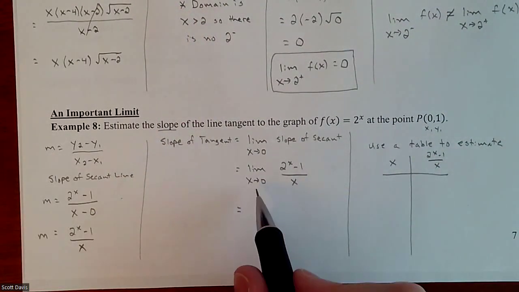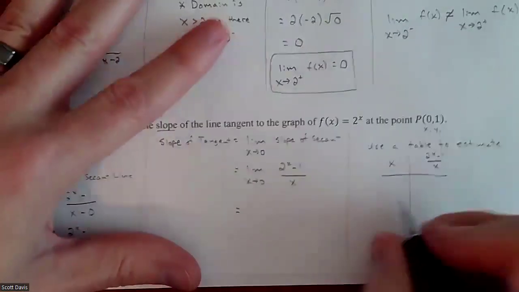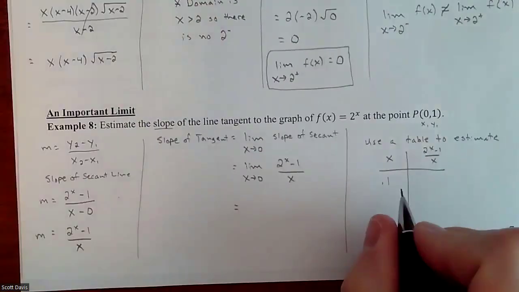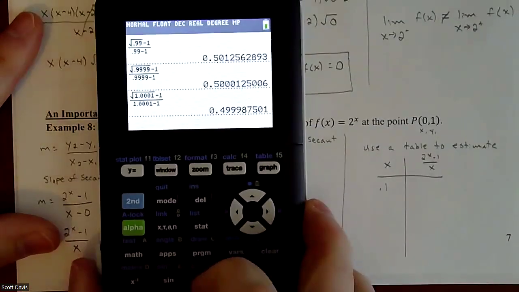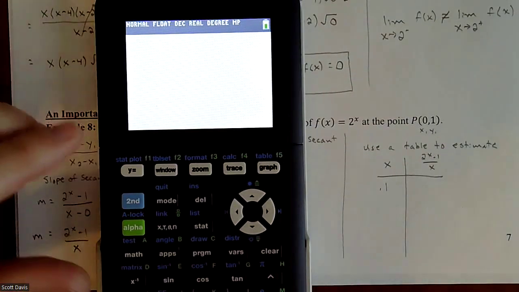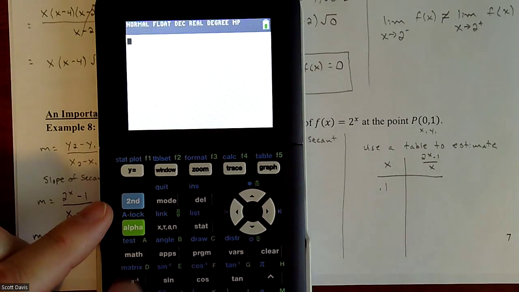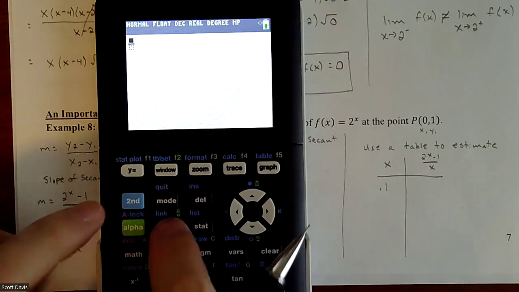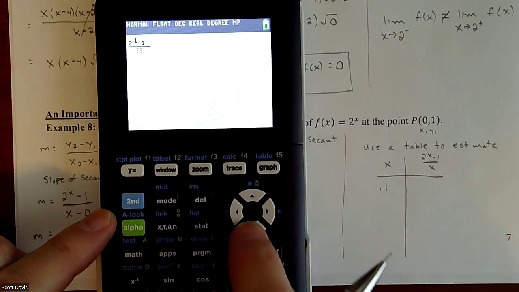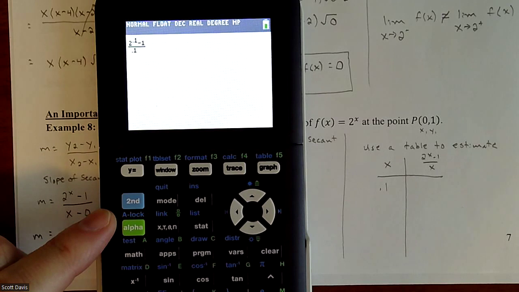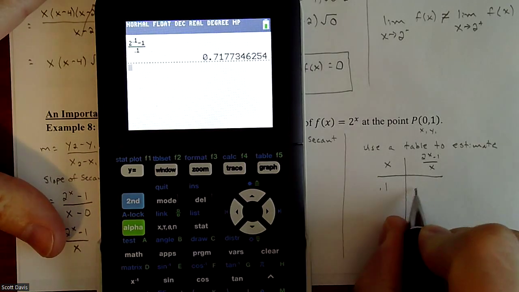We are going to be getting infinitely close to 0, so we're going to start off with 0.1. We're going to be plugging things into the calculator. So our fraction has 2 to a power; our power is 0.1, minus 1, divided by 0.1. That's going to get us a value.